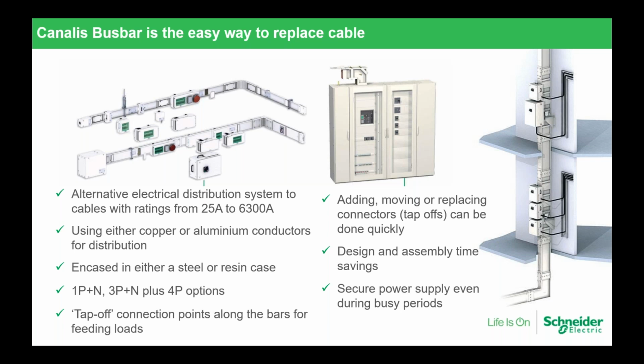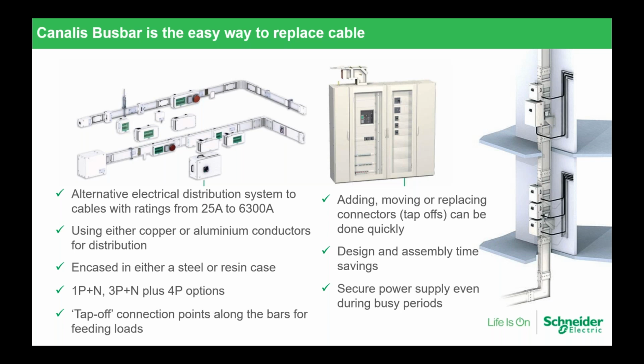We are using in our offers either copper or aluminum as conductors. It depends on the specification or what is needed on the project, but just be aware that we offer both copper and aluminum depending on the project and the budget.